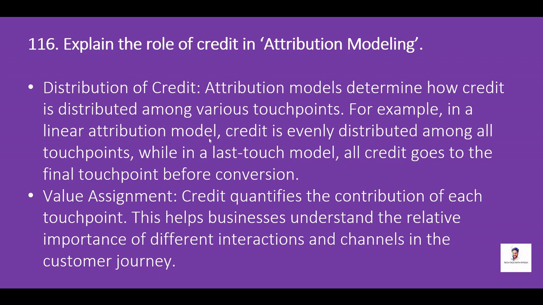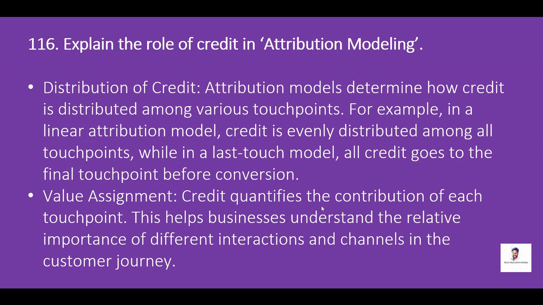Linear attribution model is one of them. So the example is, in a linear attribution model, credit is evenly distributed among all touch points, while in a last touch model, that is another type of attribution model, all credit goes to the final touch point before conversion.